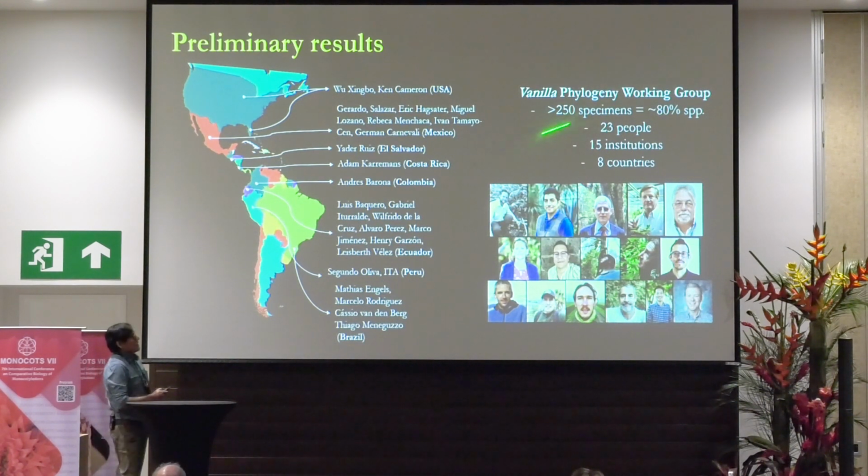So far, I have assembled more than 200 specimens that represent close to 80% of the total neotropical species, with the help of 23 people from 15 institutions in 8 different countries. Many of these people are here in the room, so I'm really grateful for all their help.